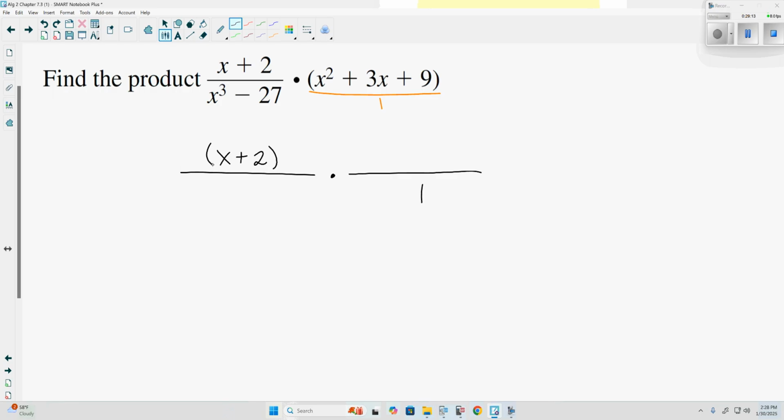Now we will need to factor our difference of two cubes here, our x cubed minus 27. The difference of two cubes follows the form of a cubed minus b cubed, which factors into a minus b times a squared plus ab plus b squared.